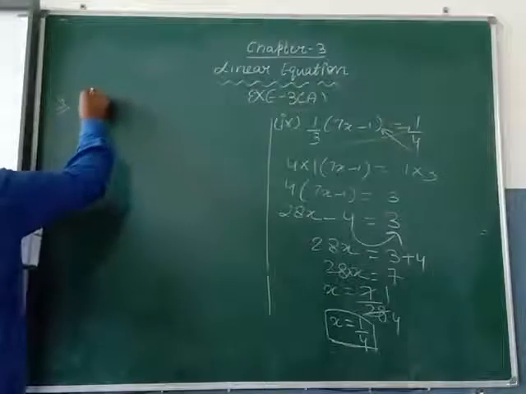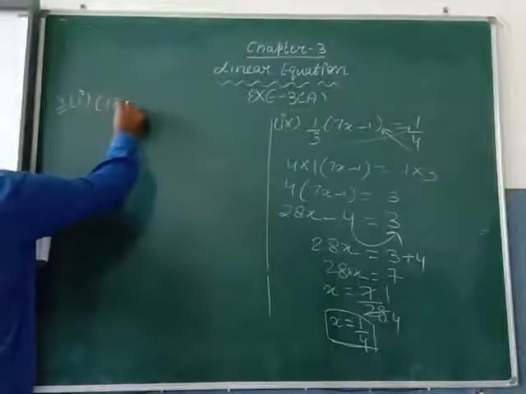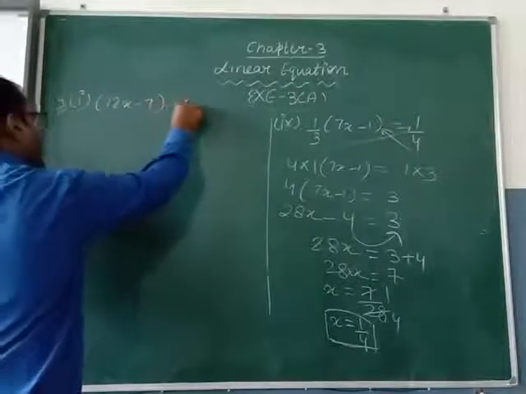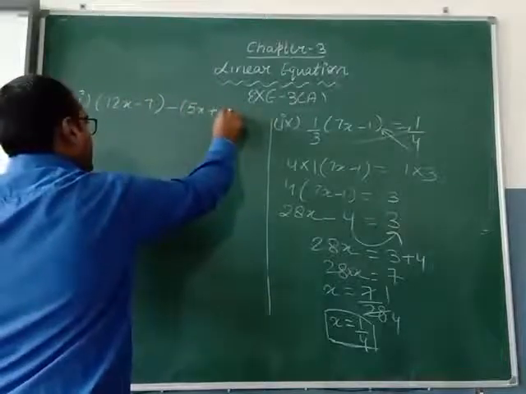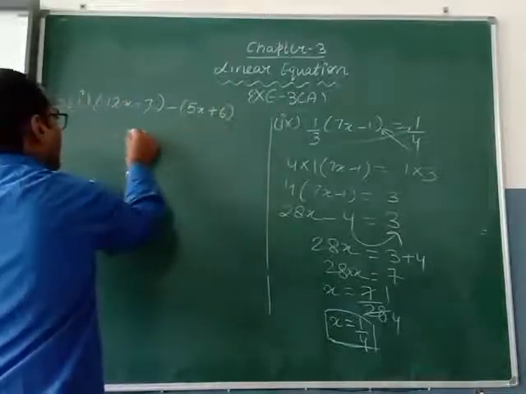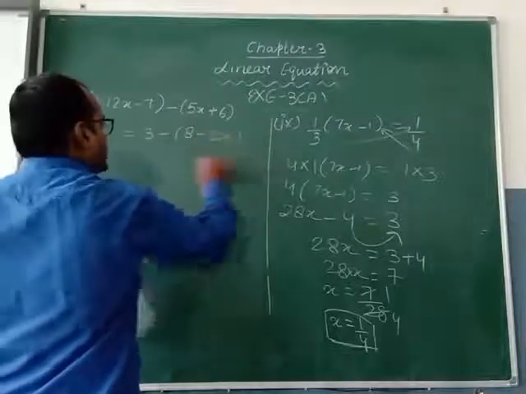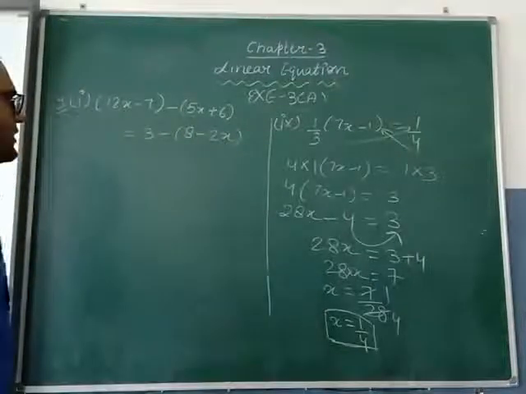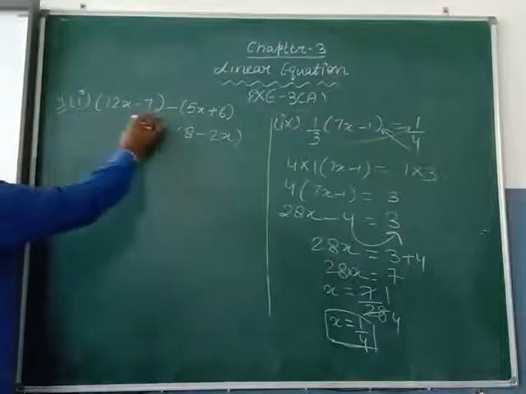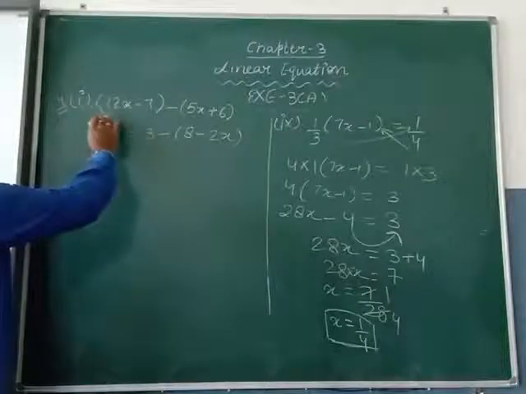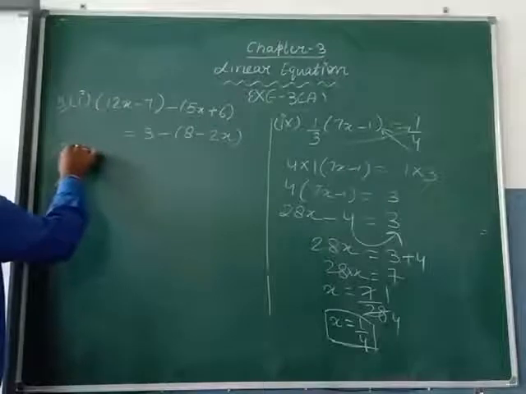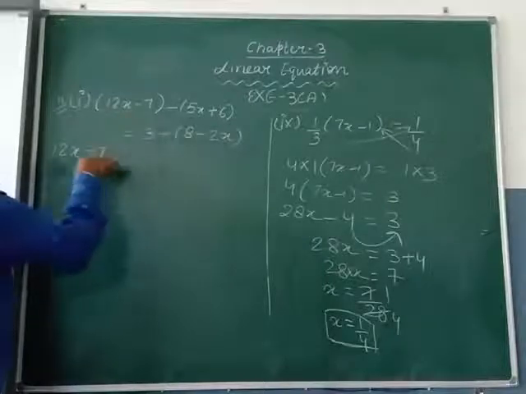First part, 12x minus 7 minus (5x plus 6) equals 3 minus (8 minus 2x). So here, first of all we will open this bracket. On removing this bracket we will write it the same, 12x minus 7.